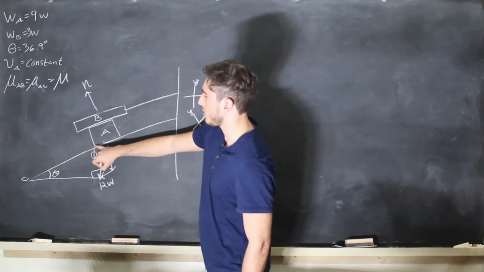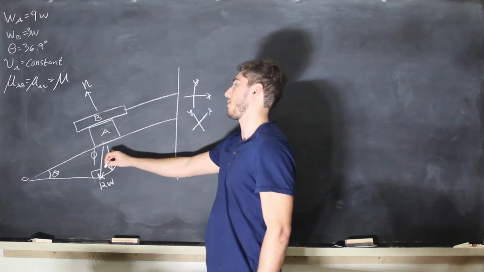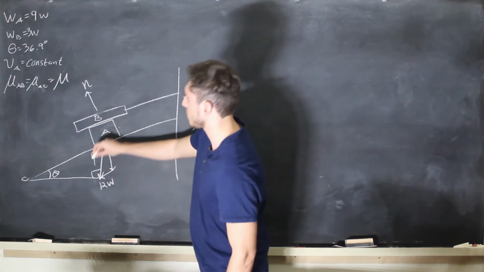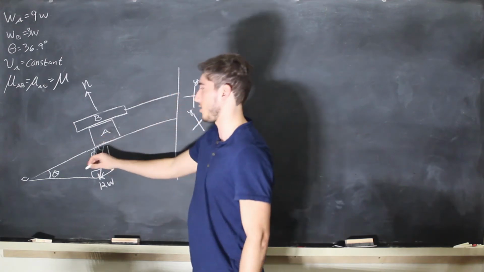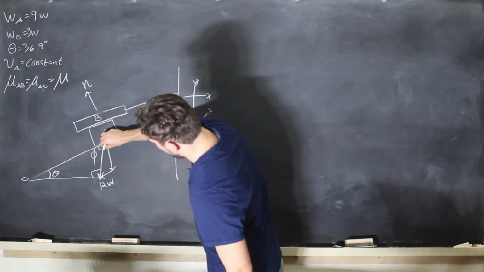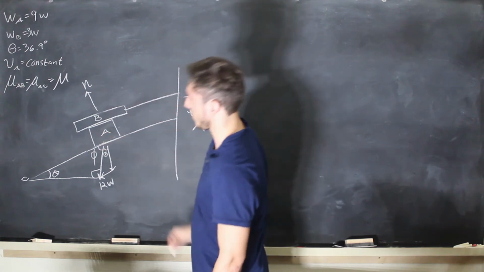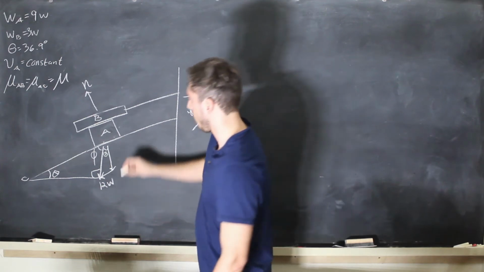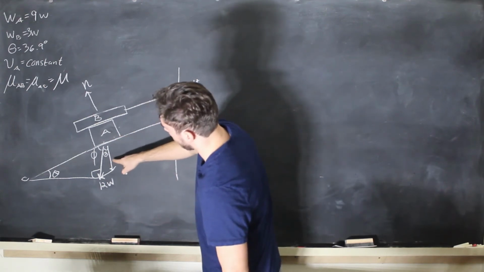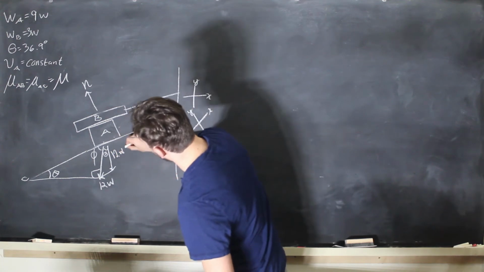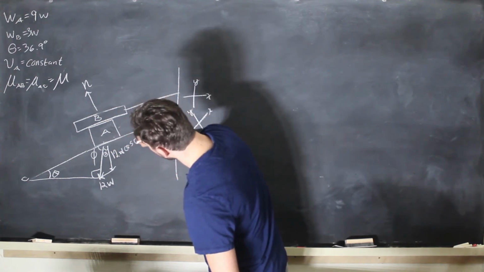Now the angle between the ramp and this perpendicular line is obviously 90 degrees. And since we already know one angle, which is phi, and phi is 90 degrees minus theta, then this angle has to be theta. And if you have it in this arrangement, then this vector is going to be equal to 12W cosine theta.